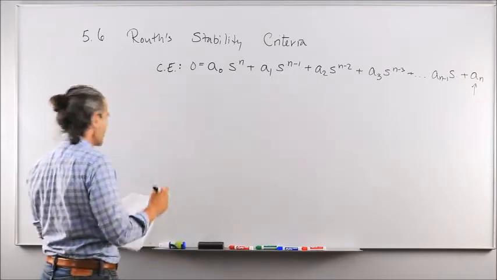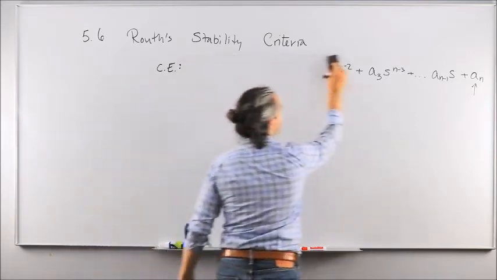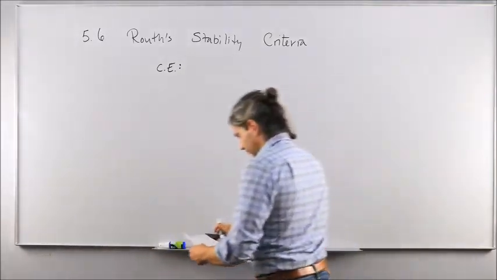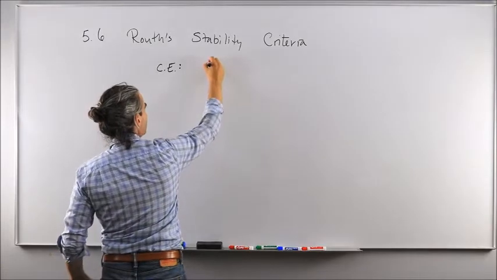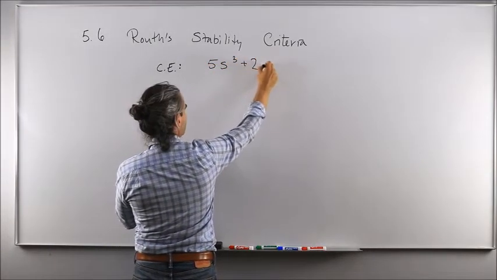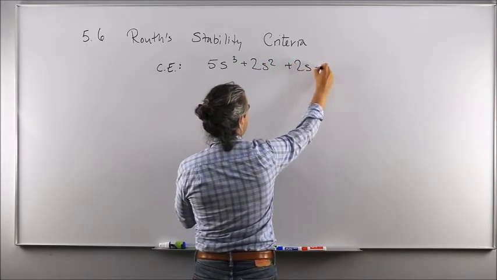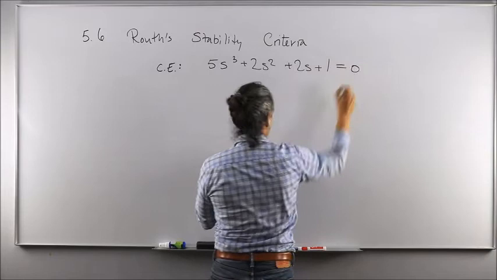Okay? So quick example, if the characteristic equation would be 5s cubed plus 2s squared plus 2s plus 1 equal to 0.